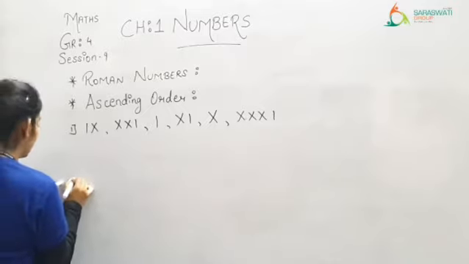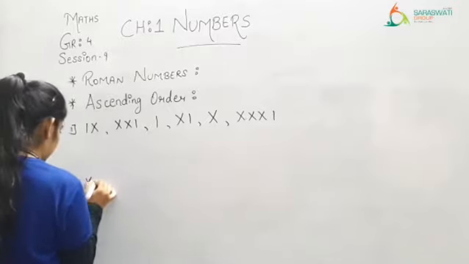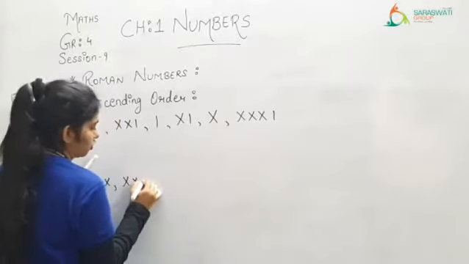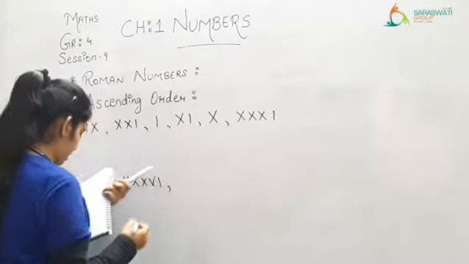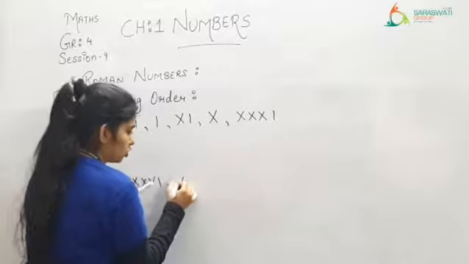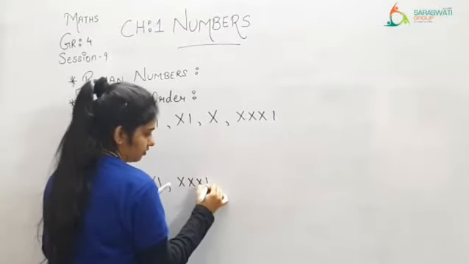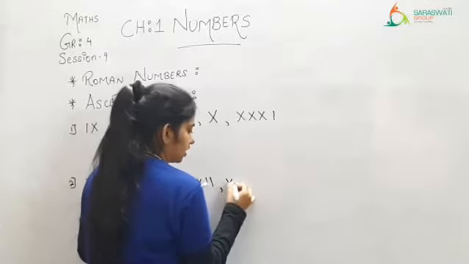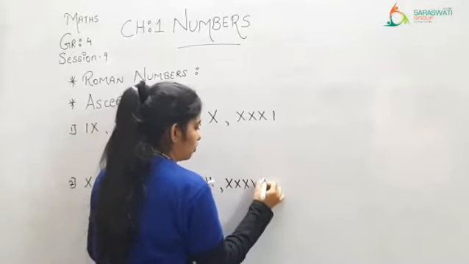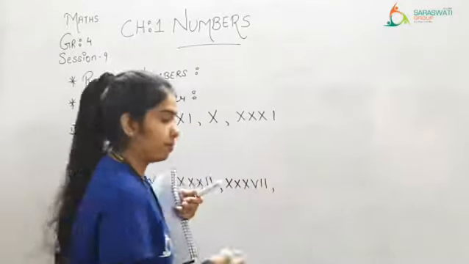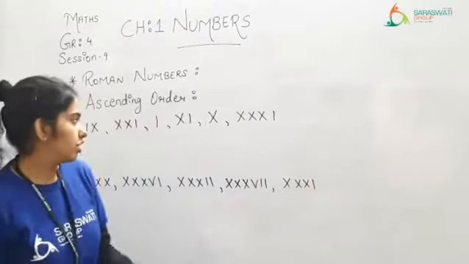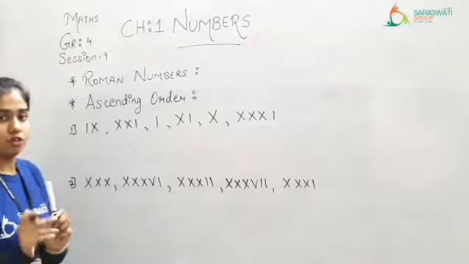And number 2, XXXVI, XXXII, XXXV, and then II, and then XXXI. So these two questions we are going to solve.